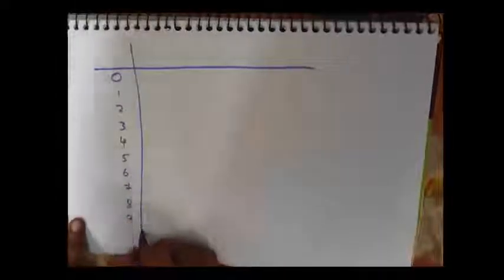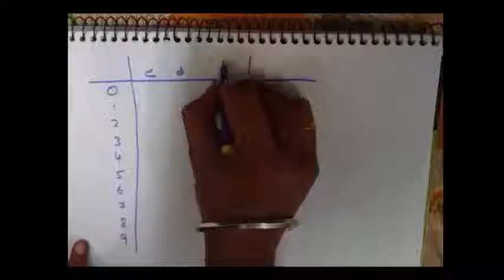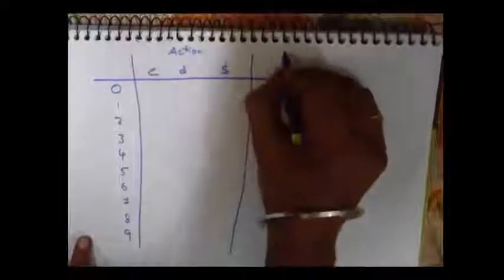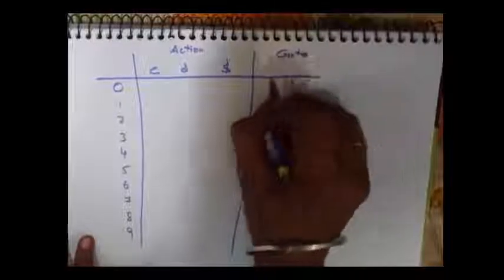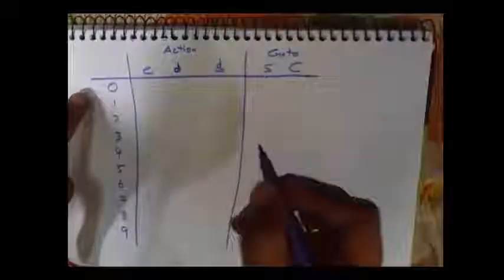And there are mainly two parts, the action part and the go-to part. The action part includes C, D, and dollar. All these three are action columns. And the go-to part includes S and C. Now this table is filled by using the previous states.